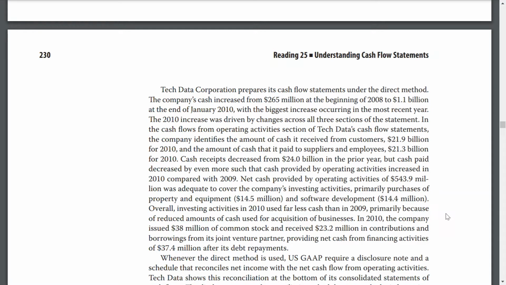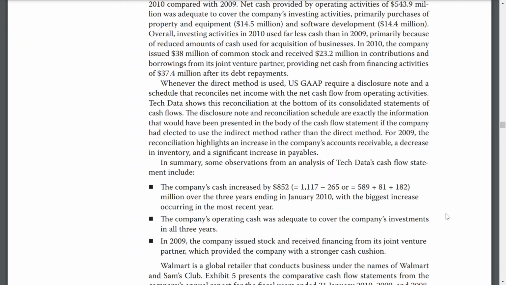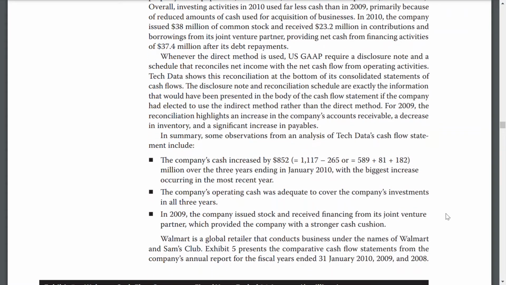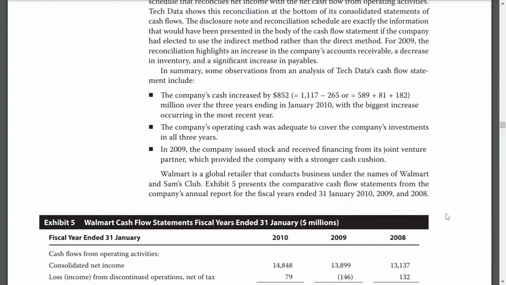In summary, some observations from an analyst of Tech Data's cash flow statements include: the company's cash increased, and the company's operating cash was adequate to cover the company's investments in all three years. In 2009, the company issued stock and received financing from a joint venture partner, which provided the company with a stronger cash cushion.